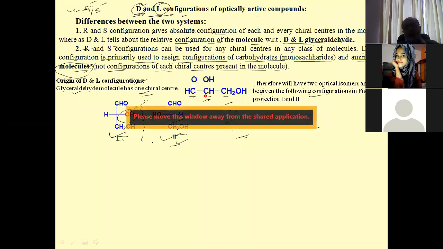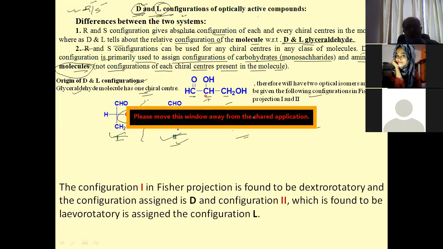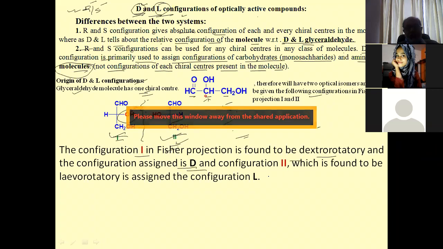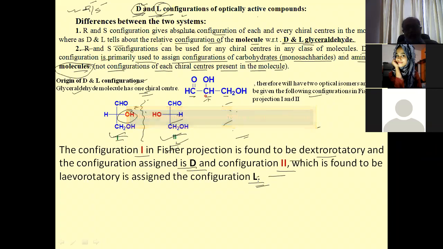Don't say that, never say that. I told you, unlearn whatever you have learned. So configuration 1 in Fischer projection is found to be dextrorotatory and assigned the symbol D, and the other is found to be levorotatory and assigned the symbol L, capital L, not small l, small d.